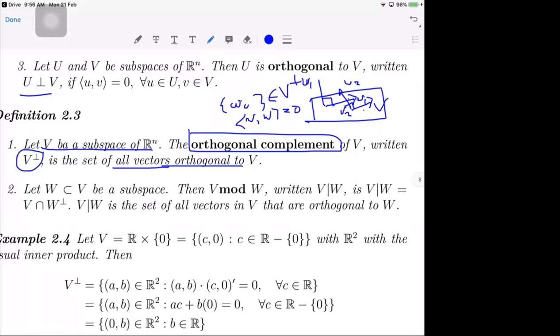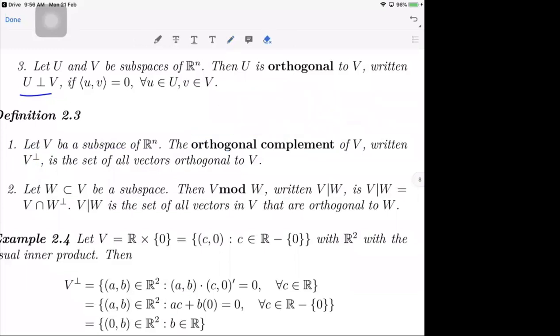No? All the sets of vectors such that the inner product of that set of vectors with V will be orthogonal.